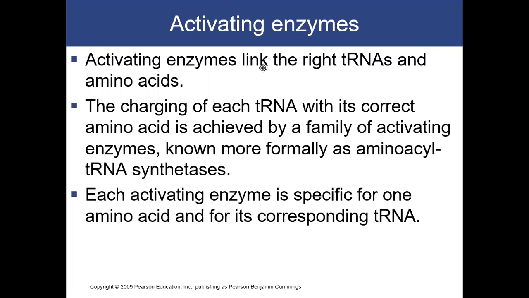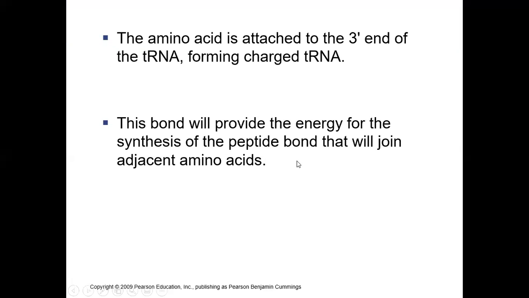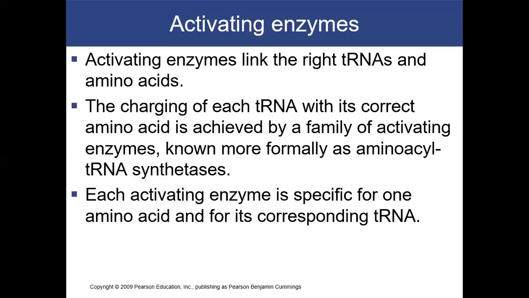It's a family of enzymes because, remember, there's a transfer RNA for every amino acid, so this group of enzymes recognizes all of them and does the charging, right? For each amino acid there is one of these enzymes, one aminoacyl transfer RNA synthetase. That is why it's a family of activating enzymes.